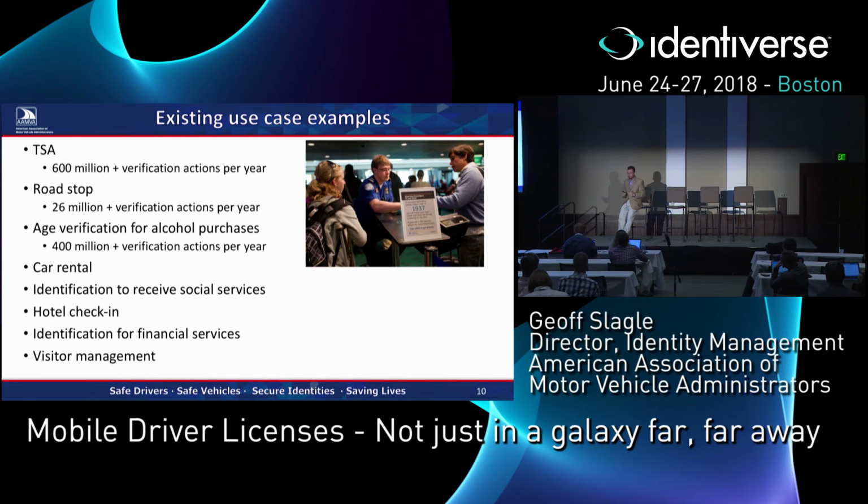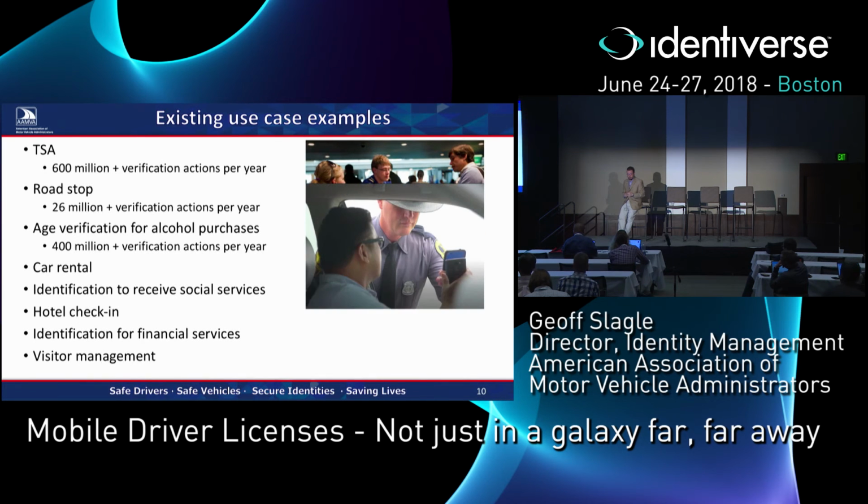Anybody? Okay. All right. Another use case example that we've got is law enforcement at the roadside. What you didn't see in the video is that through an NSTIC grant, AMVA was a beneficiary, by the way, of the first round of NSTIC grants that were awarded for a really cool project that looked at how you could have a cross-sector digital identity.